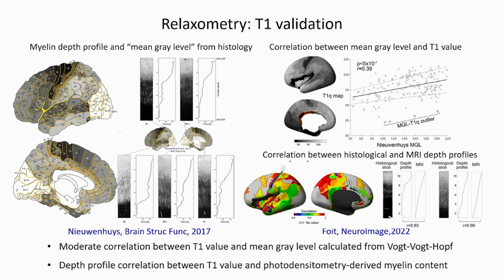You can see the moderate correlation, with a correlation coefficient of 0.39, which is reasonably good considering that they are from different subjects, and also that one is histology and the other is an MR measurement. This again is one way of doing the validation that T1 values can deliver information about myelination.